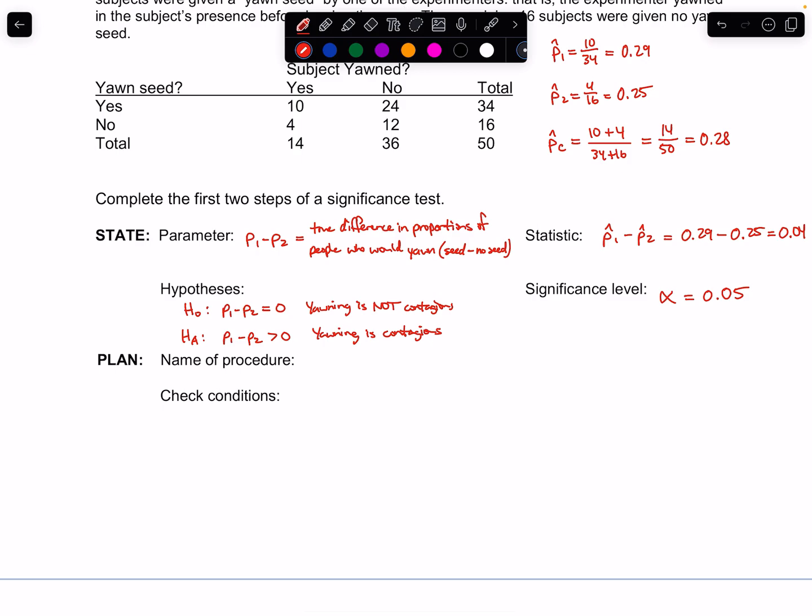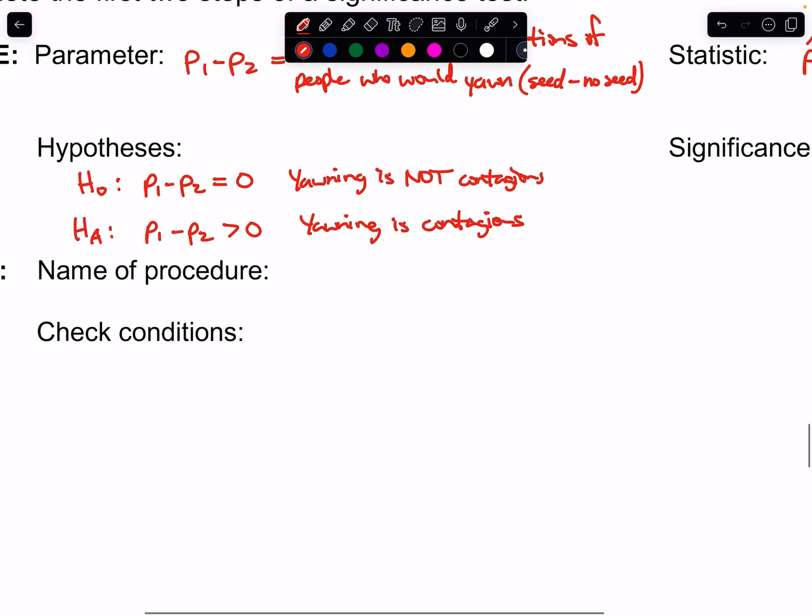So the name of this procedure is called a 2-sample, because we took 2 samples, a 2-sample z-test for P1 minus P2, or the difference in proportions.